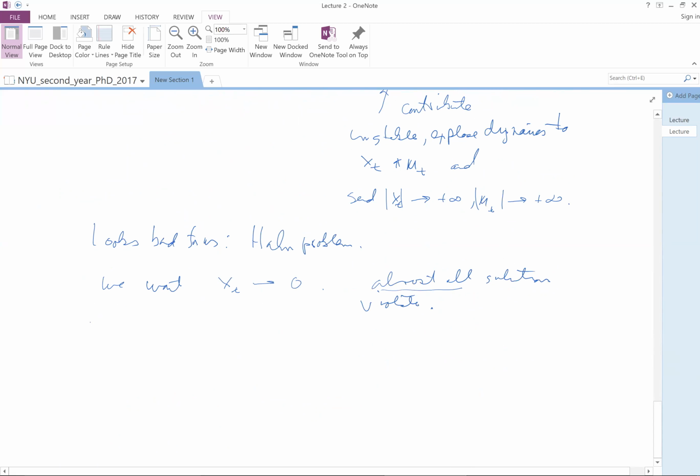The beautiful thing is it's going to turn out there exists a unique solution in which x_t and mu_t both go to 0. It's a unique solution.